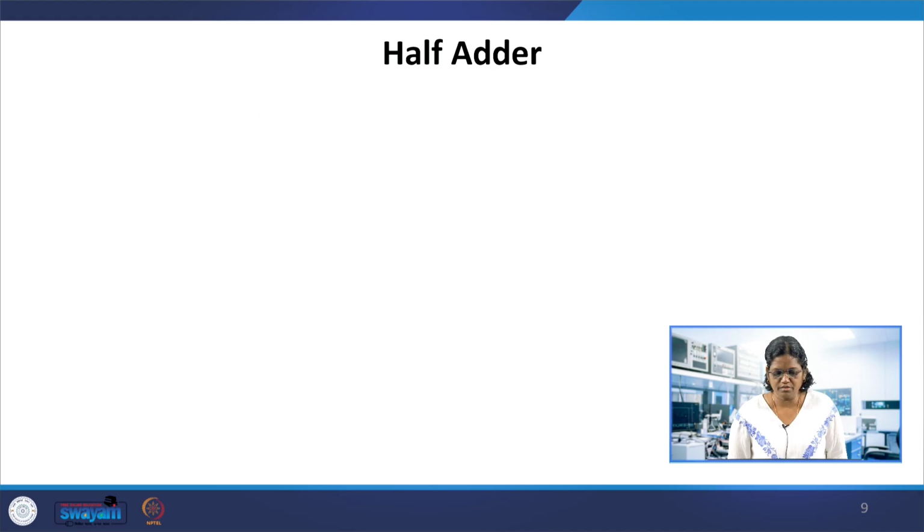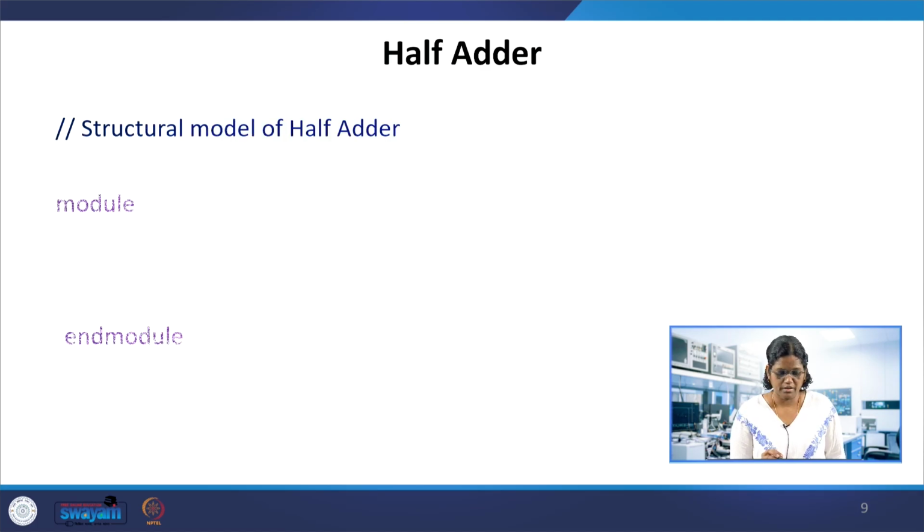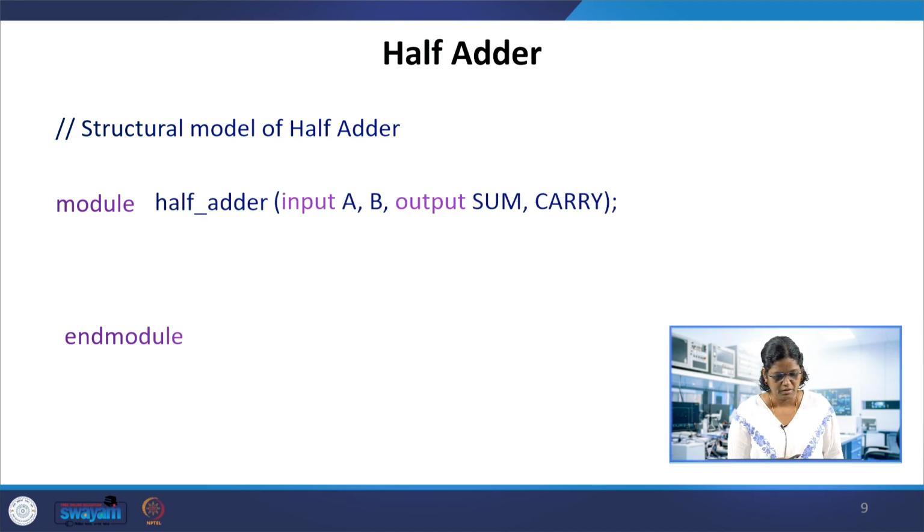Then the example of the half adder and its test bench. We considered this half adder in the previous lectures. So the structural model of the half adder module, which has two gates only: the module name is half adder, the inputs are A and B, and the outputs are sum and carry.